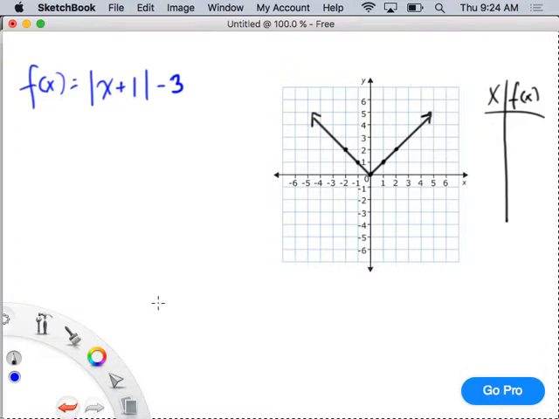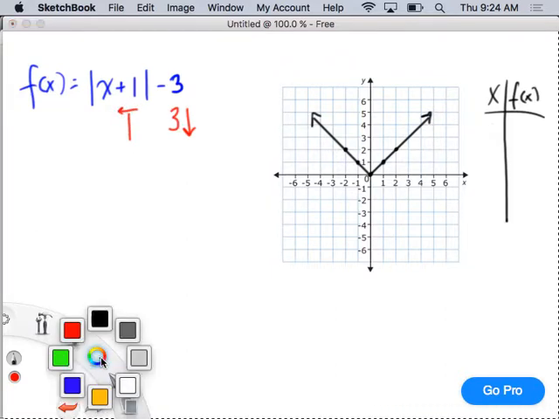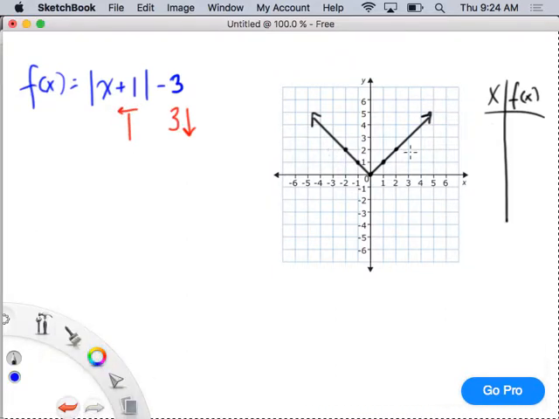Okay. What are my transformations? This negative 3 on the outside, what does it do? 3 down, and this positive 1, 1 to the left, right? So I take each point, I go down 3, 1 to the left. Down 3, 1 to the left.